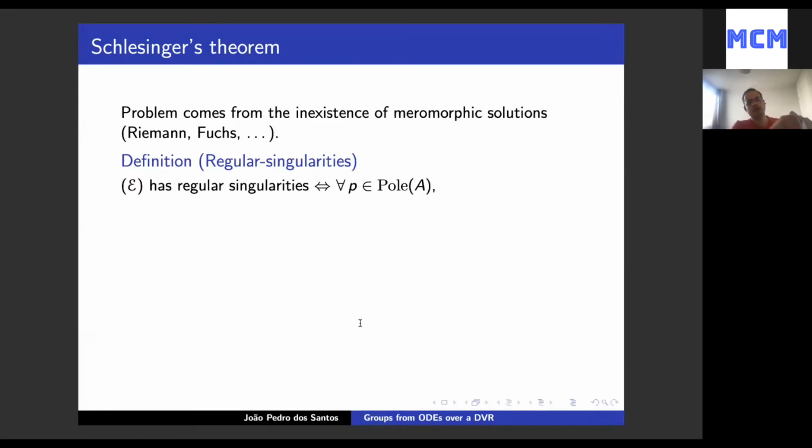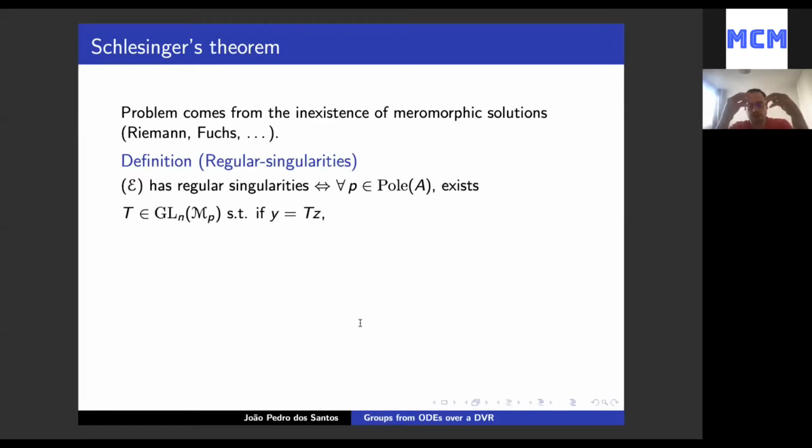So what do you do about that? You try to imitate what Riemann and Fuchs discovered. You ask the question of whether you can always find meromorphic solutions to your differential equations near singular points. And this is the theory of regular singularities. For the sake of discussion in this talk, I shall say that the system has regular singularities if every time I take a pole, and of course a pole here is in the Riemann sphere, even at infinity, I can transform the equation.